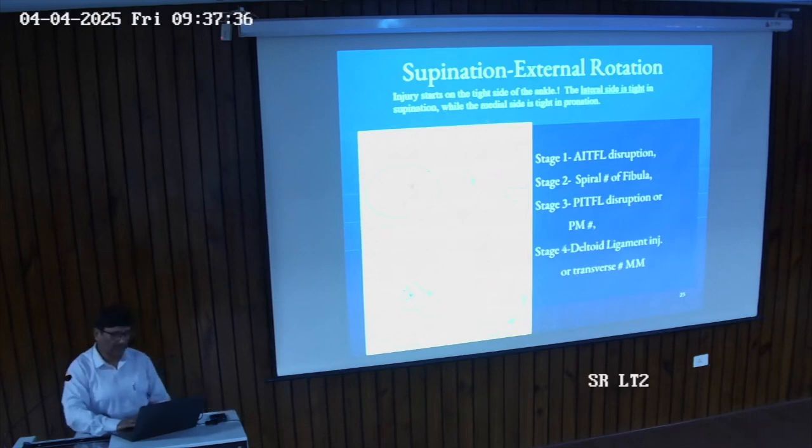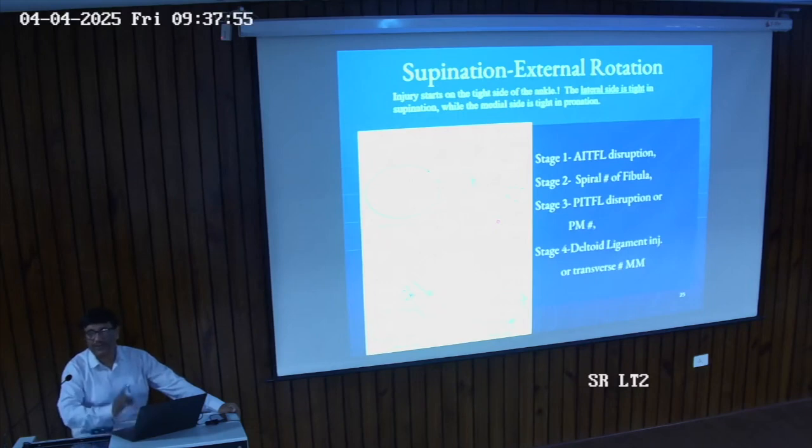Looking from the foot end side, the force goes like this, as the arrow shows. First the lateral structure will fail, and lastly the medial structure. Stage 1 would be where the lateral structures fail, and stage 4 would be where the lateral structures, posterior structure, and ultimately the medial structure would fail.